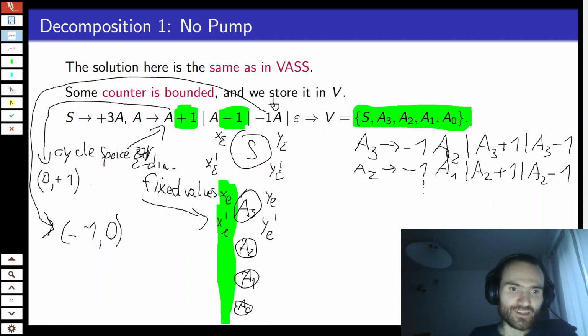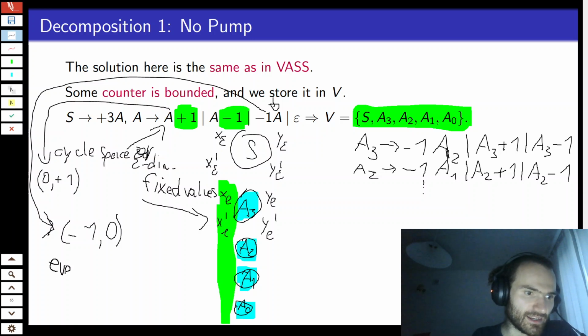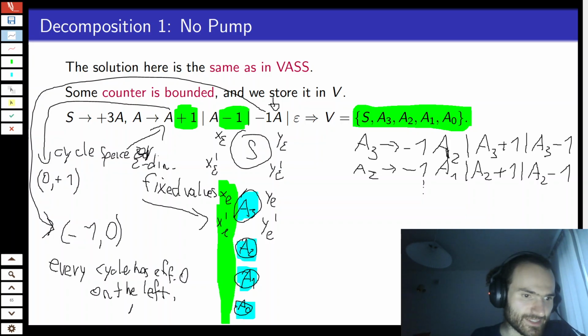But now in the new grammar, what we produced is that every cycle has effect 0 on the left. So this means the dimension is now less than or equal to 1.